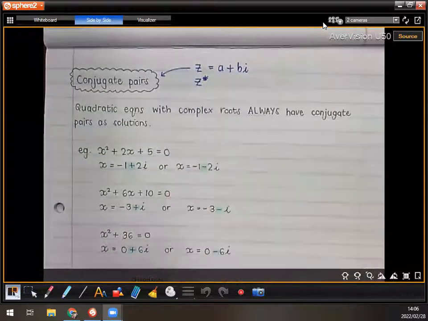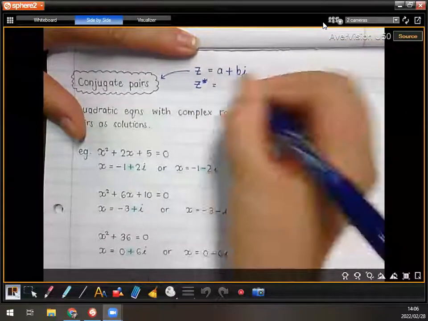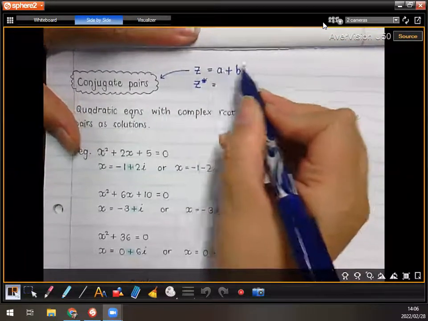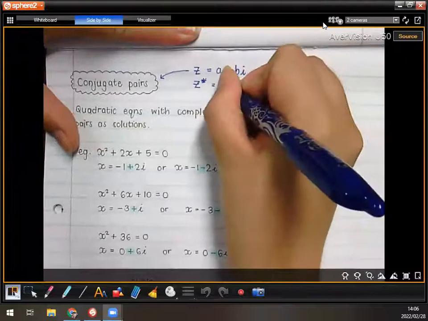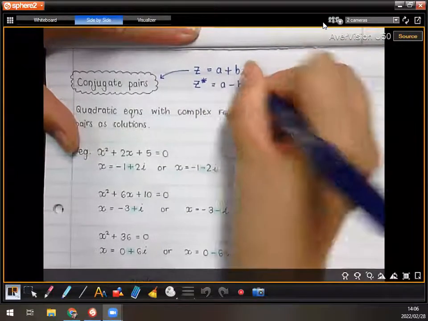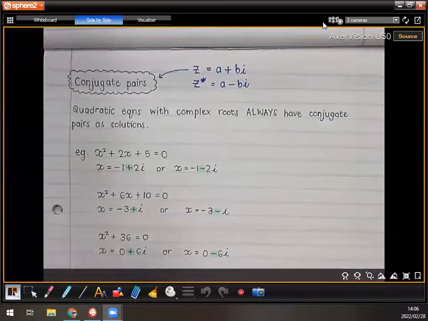If you see that, you need to know immediately that it refers to the conjugate. So if the original complex number was A plus BI, then the conjugate is going to be A minus BI. Remember, the same two terms with a different sign.